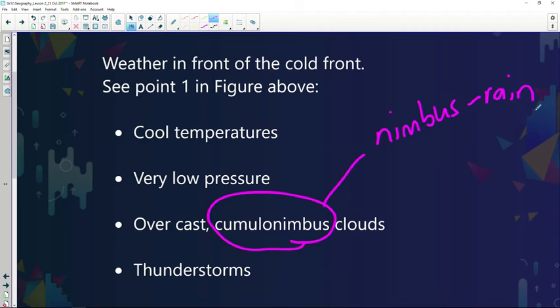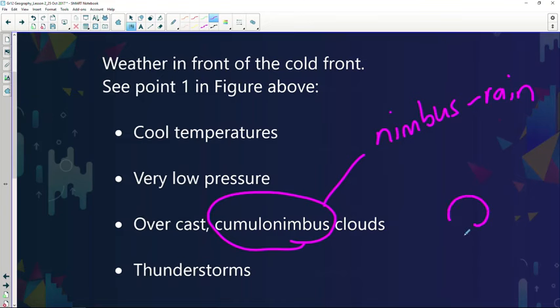So if we had to draw a weather station model of, let's say, Cape Town, when the mid-latitude cyclone is busy passing over, it's definitely going to be overcast conditions. Temperature is going to be low because it's cold. 21, let's make it dew point temperature 18, and probably going to experience thunderstorm activity.